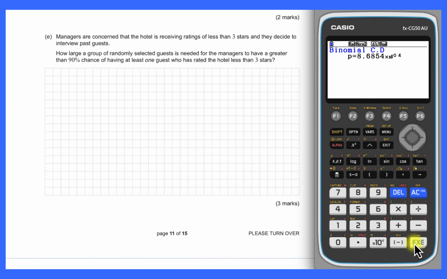Part E is now about interviewing past guests and taking a random sample to make sure that at least someone in that random sample gave you less than 3 stars so you could interview them. So now the question is, what sample size would be required such that the probability that y was greater than or equal to 1 is greater than 0.9. So now we're working with binomial distribution that has an unknown size n.